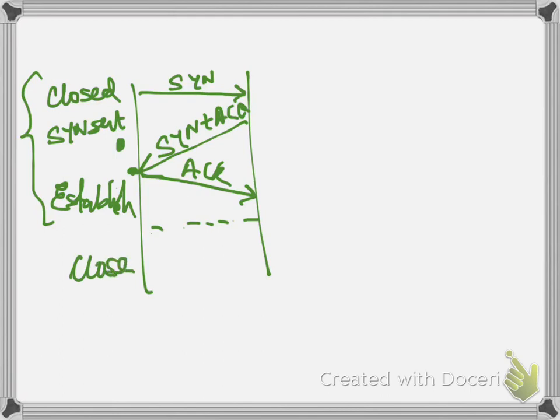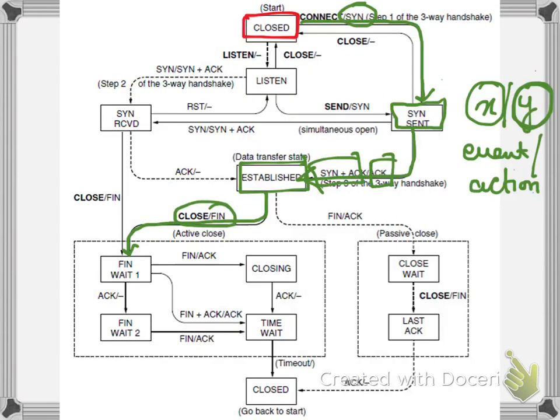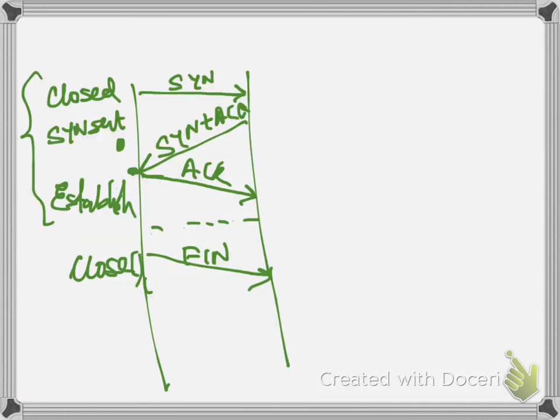It is in established, then it has called close and sent the fin segment. After doing this, which state will it go to? It goes to a state called fin wait 1.